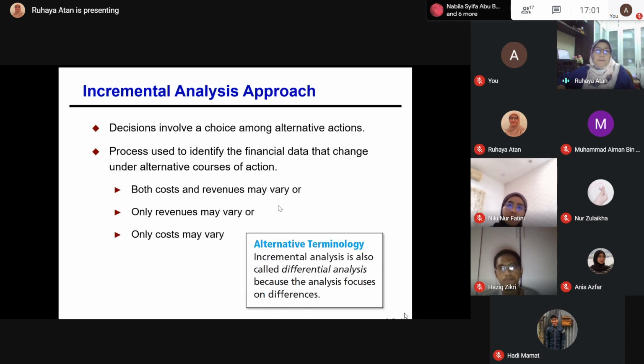In incremental analysis, you are faced with a choice of alternative actions, and the process is used to identify the financial data that change under alternative courses of action. Do you have to close? Do you have to process again, or do you have to take up the special order?